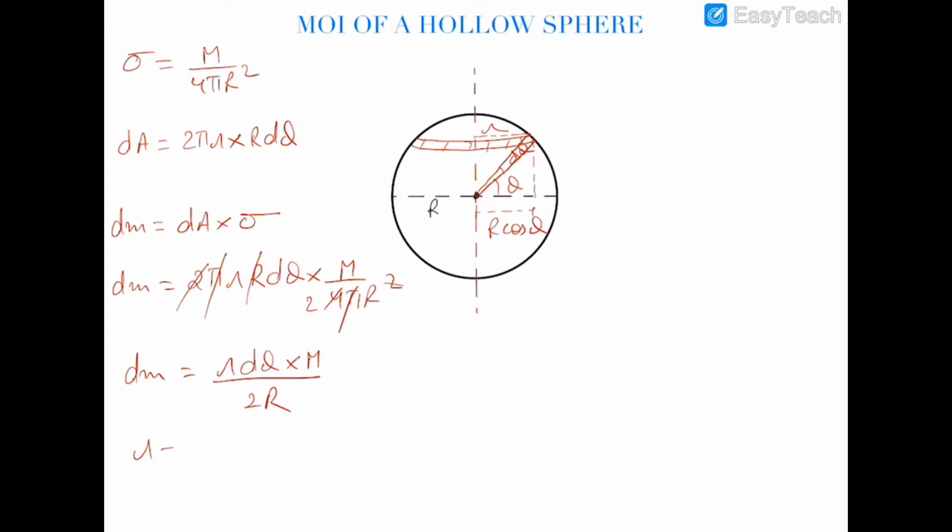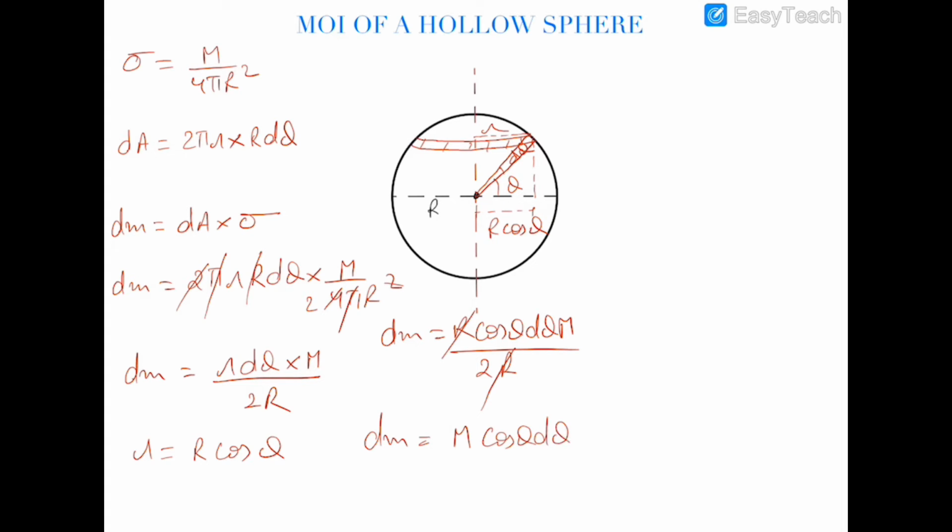So small r is r cos theta, and therefore this dm is r cos theta d theta into m divided by 2r. Cancelling out this r with r, so dm will be equal to m cos theta d theta divided by 2. So this is the mass of this element.